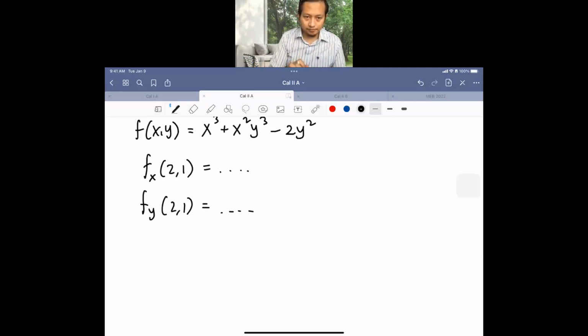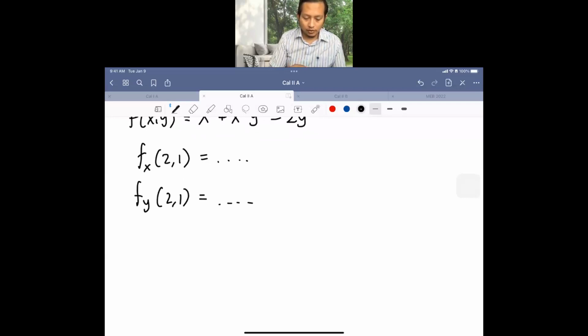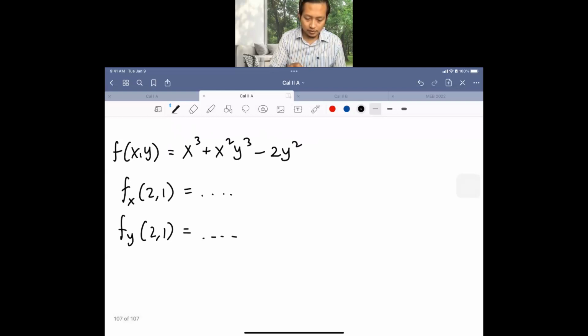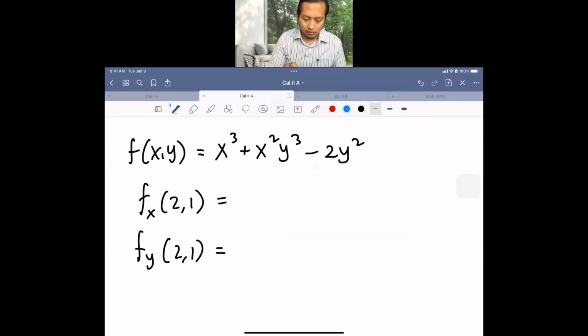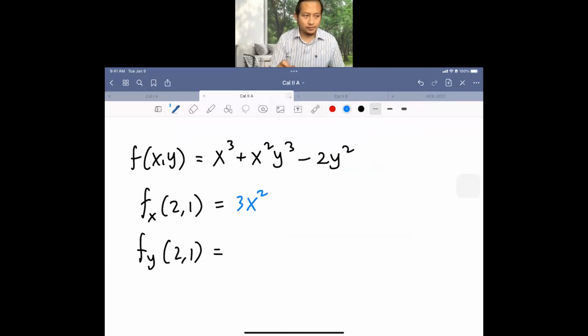So first, we are going to look at the partial x. Now this will be 3x squared plus, y as a constant, we differentiate with respect to x, so 2x, and y cubed. And the other y, the last y, will be 0. Okay.